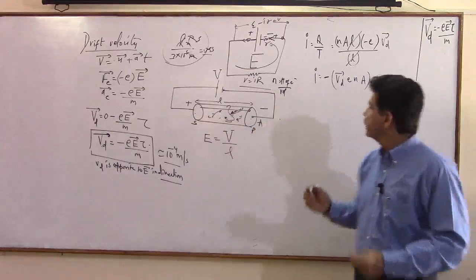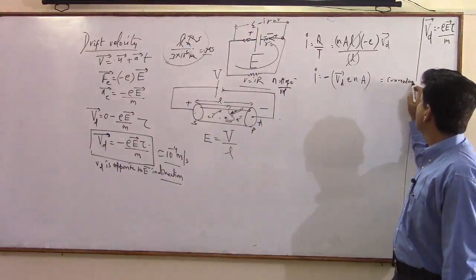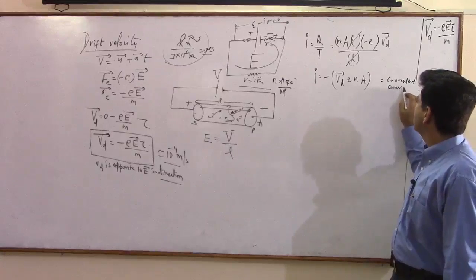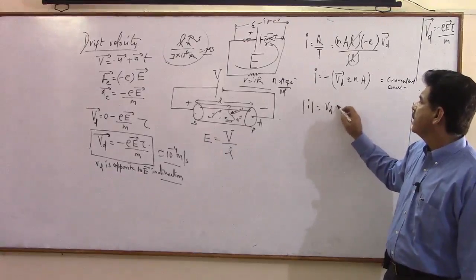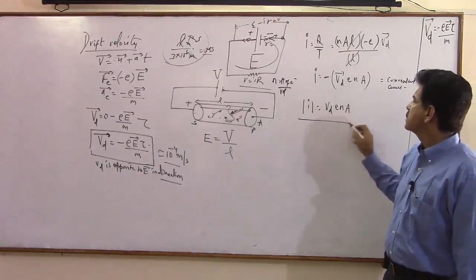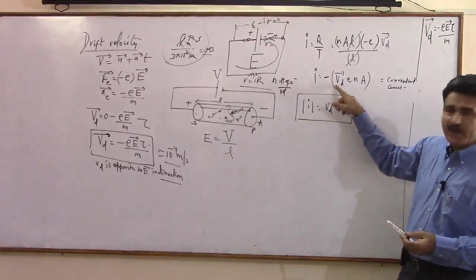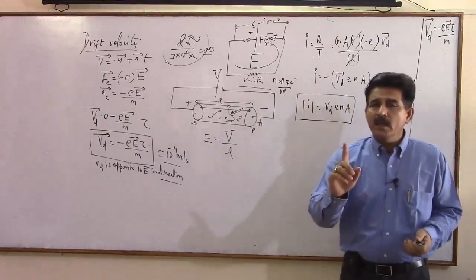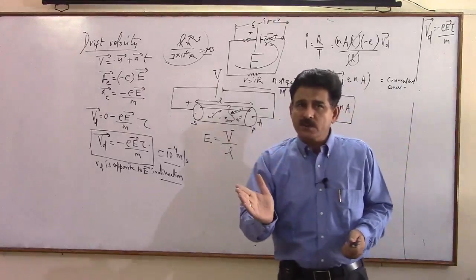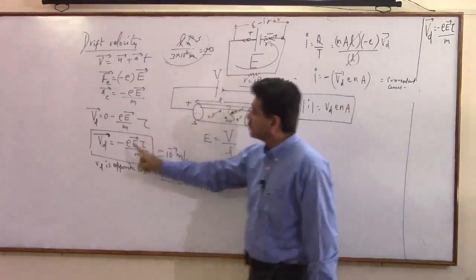And this current we say is conventional current. This is conventional current, right? So conventional current will be interested only in the magnitude. So we will say Vd enA. So this is the current that flows from one end to another. And if you look at it this way, it only tells you that the direction of the current flow will be in the direction opposite to drift velocity, and drift velocity itself is opposite to what?